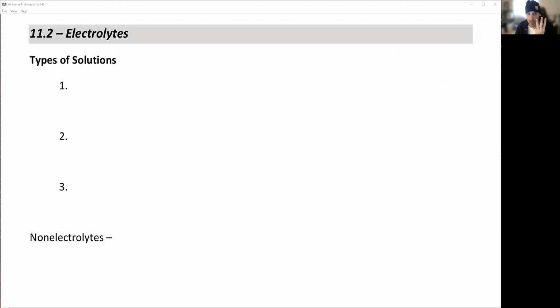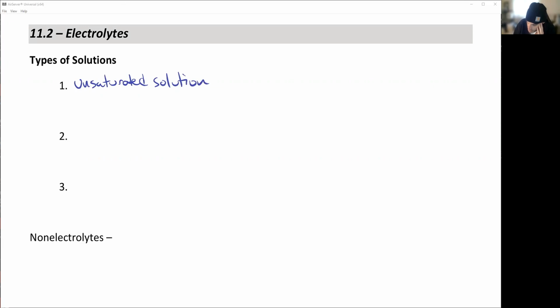There are three types of solutions that we can have. You can have a solution that is unsaturated. Unsaturated solution. And so this is going to be a solute versus solvent situation.